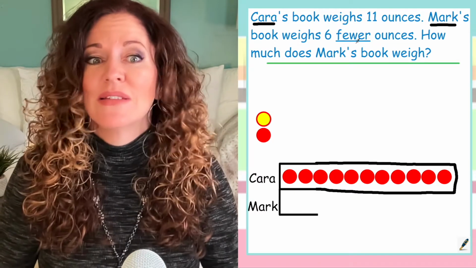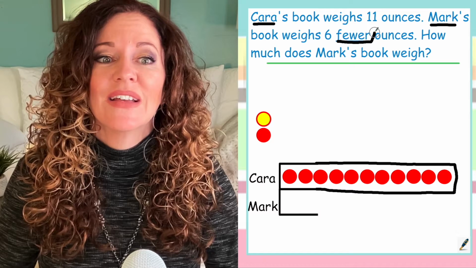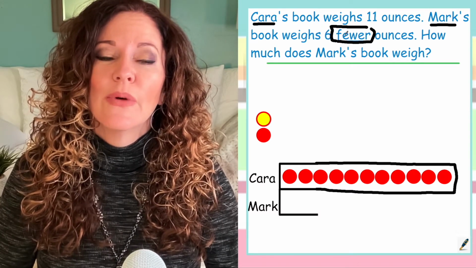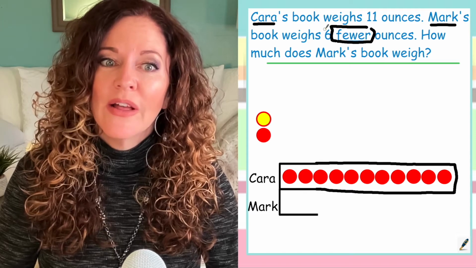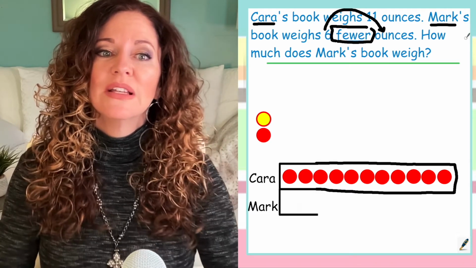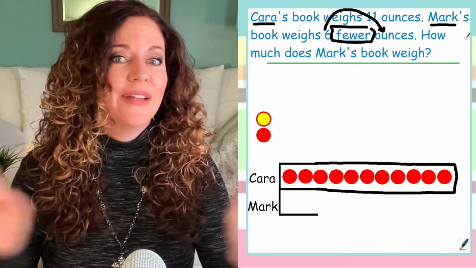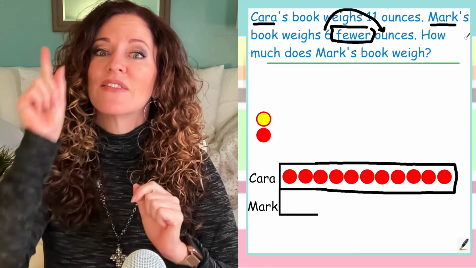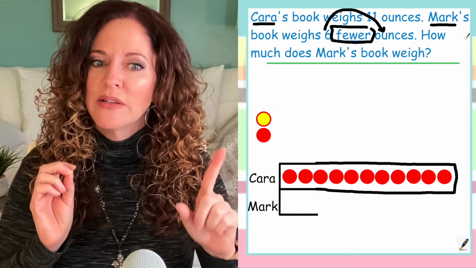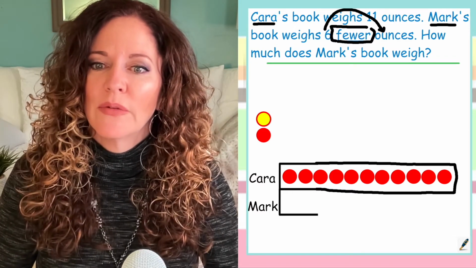It says it weighs 6 fewer ounces. And guys, when I have an extra word between my number and what I'm counting, it completely changes the problem. It says 6 fewer ounces or 6 less ounces. So because of that, I have to do this problem a little differently.